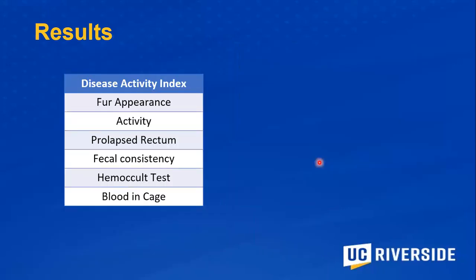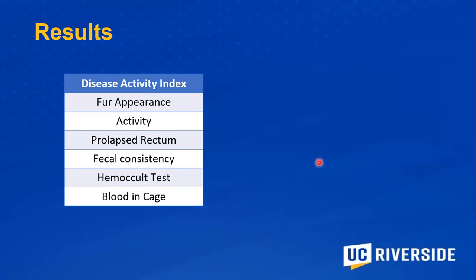Next, I'll be discussing the disease activity index. What is the disease activity index? These are parameters that we use to judge the disease factors. For colitis, this would mean fur appearance: if a mouse had more ruffled fur, that is a sign of colitis. Activity: if a mouse was more sluggish, more lethargic.